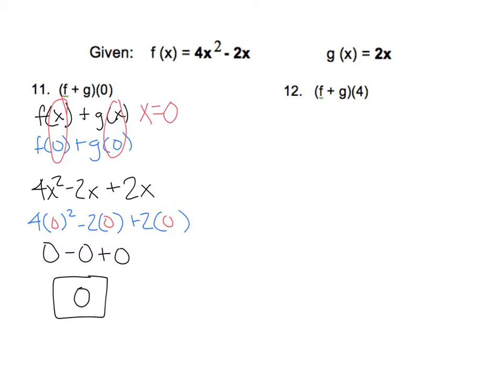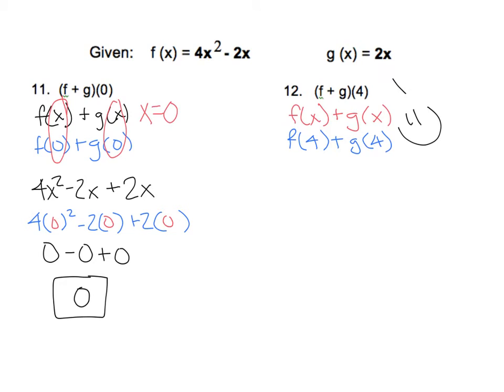All right, now let's look at number 12. Same concept, but this time, okay, so you have f of x being added to g of x, and they give us the number value that we're going to be working with is 4. So you have f of 4 plus g of 4. And yes, I know I'm writing a lot, and I do expect you to do it all. Yay, I know, be happy.